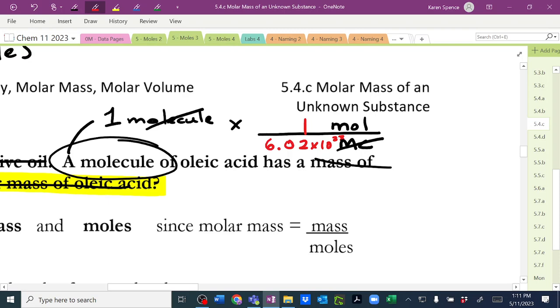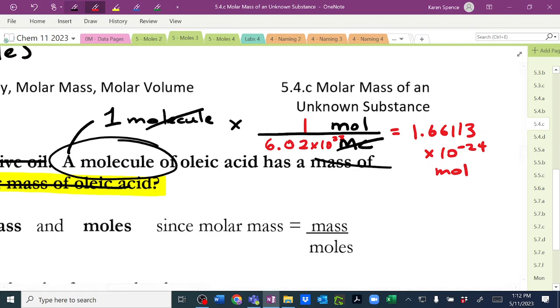Besides which, there's lots of molecules in 1 mole of molecules, right? So that makes some kind of sense. So we do that, and when we do the division, we get 1 divided by 6.02 times 10 to the 23 equals 1.66113 times 10 to the negative 24 moles.